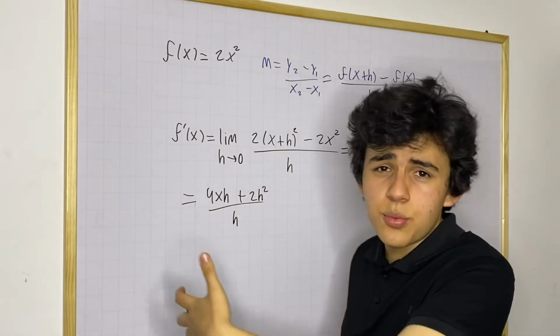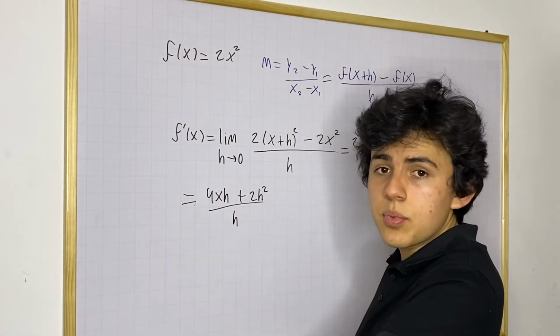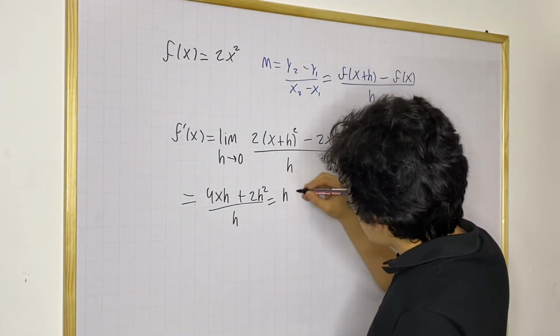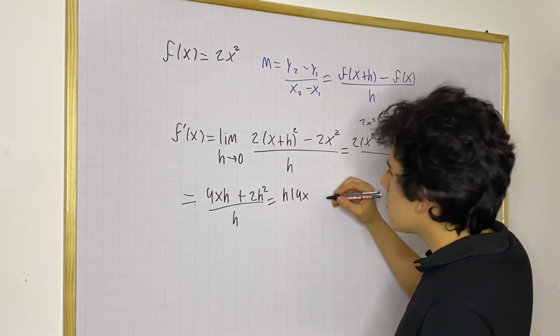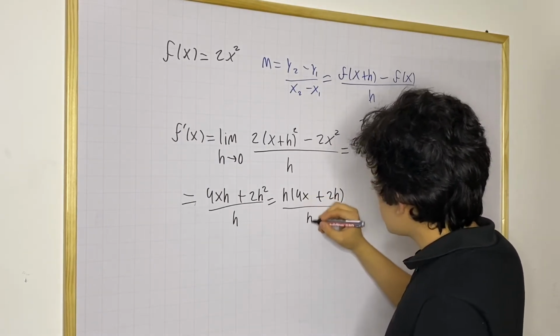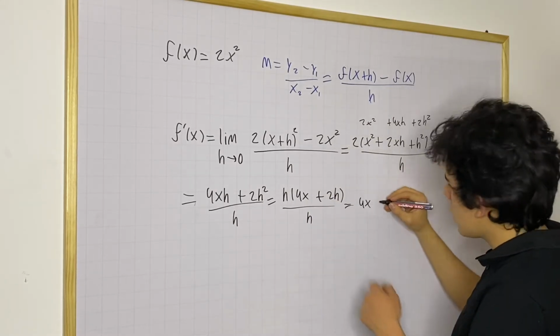Now this is just algebra. You can see this is the limit as h is approaching 0. You can't plug in h, but you can take out the common factor. So you're gonna have h times 4 times x plus 2 times h, divided by h. And this is just going to be equal to 4x plus 2h.